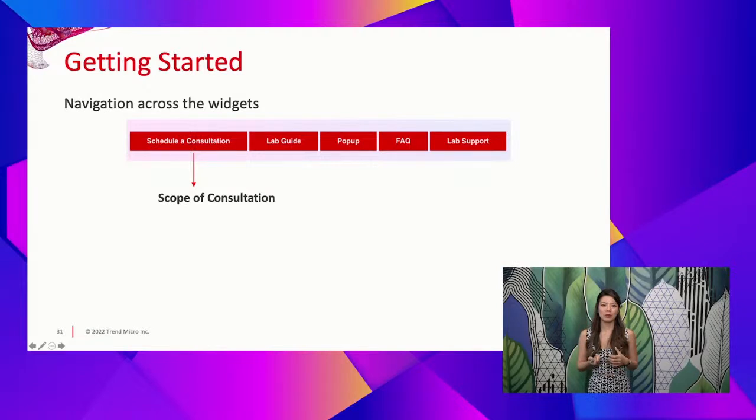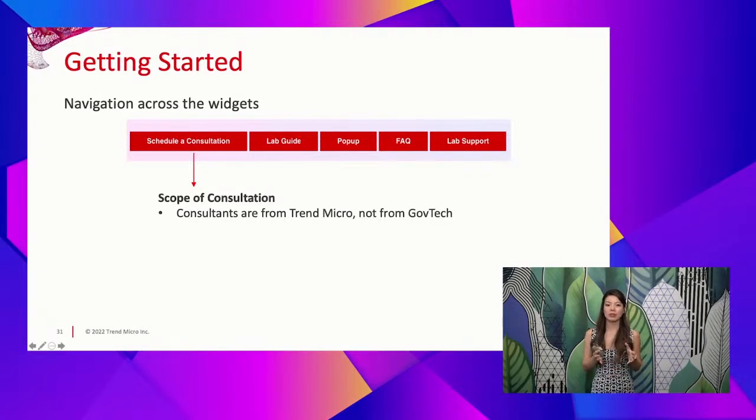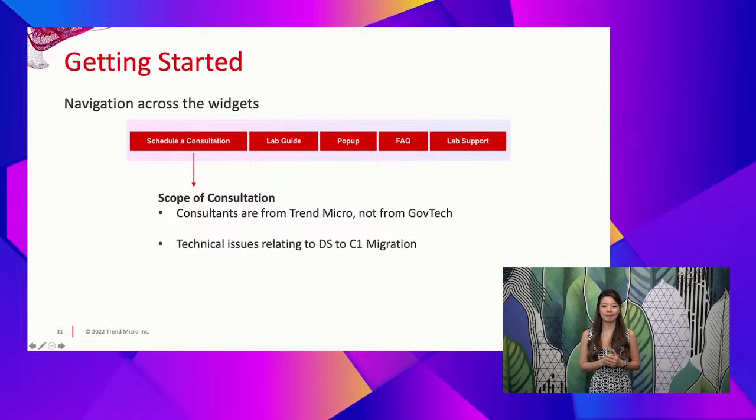What's the scope of the consultation you can expect from that 1 hour? First of all, the consultants are from Trend Micro, they're not from GovTech. If you have any government-related queries, we will direct you to a GovTech representative. This consultation is entirely focused on technical issues relating to the DS to Cloud One Workload Security migration.